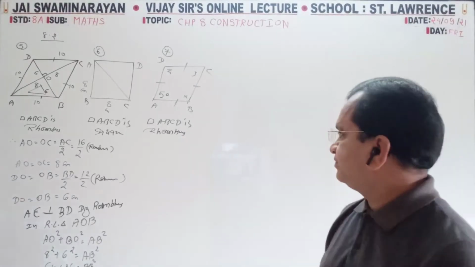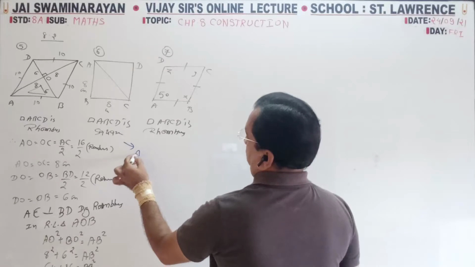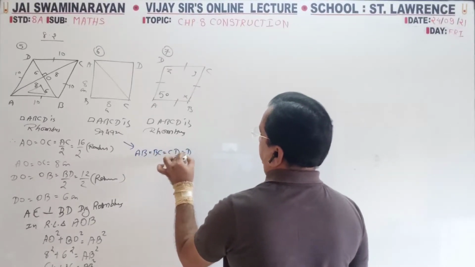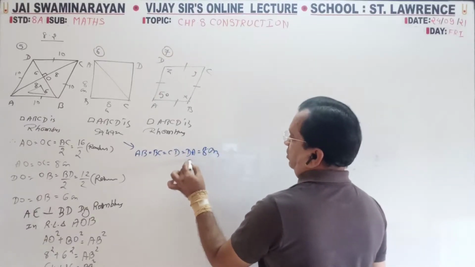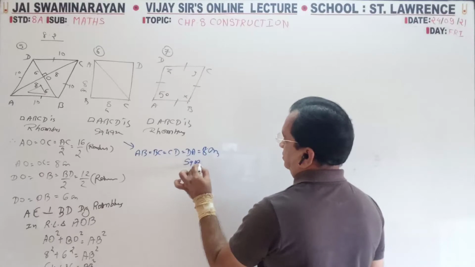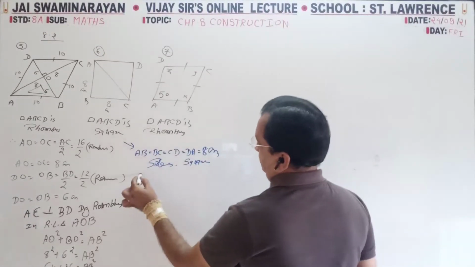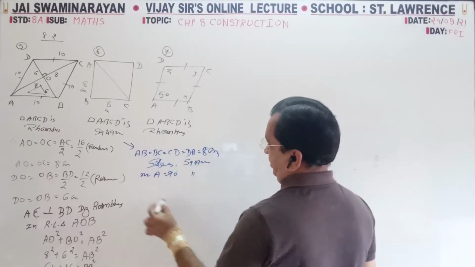Then, in this, it is a square. So AB is equal to BC is equal to CD is equal to DA, that is 8 centimeter, because it is a square, sides of square. Measure angle A is 90 because it is a square.